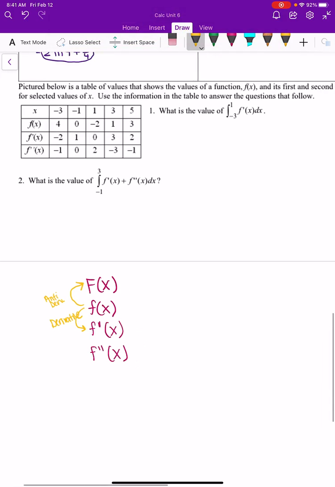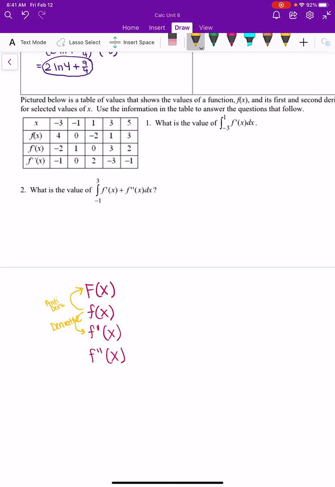So this says, what is the value of the integral from -3 to 1 of the derivative of f of x. So I'm going to write the question. F prime of x dx. So the fundamental theorem of calculus says in order to figure this out, we have to do the antiderivative of this function. So we're sitting with the first derivative.